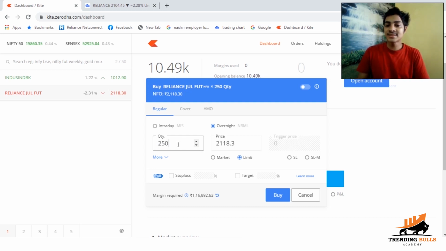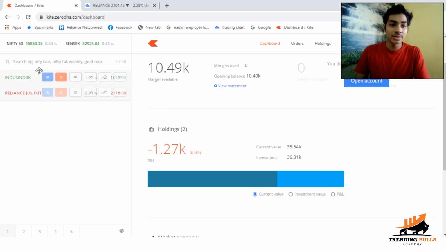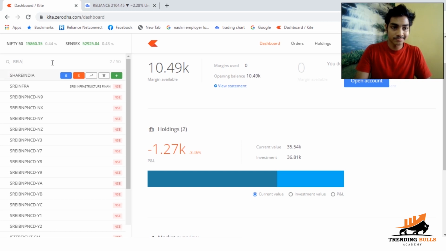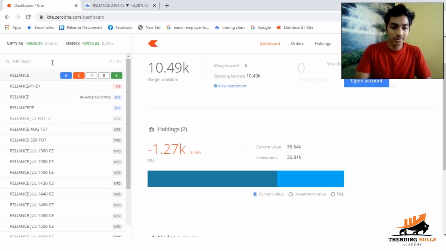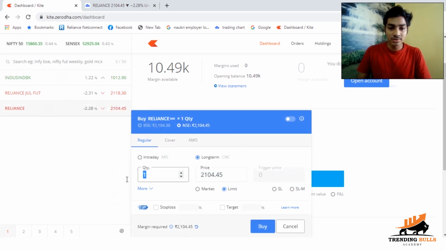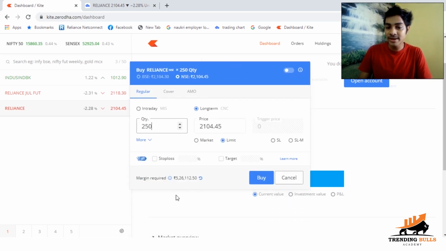Now let's say we want to buy 250 quantities in Reliance. So how much do I need to have in my demat account? It's 5,26,000.